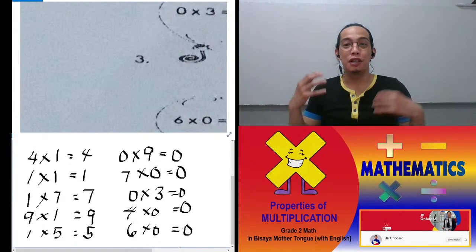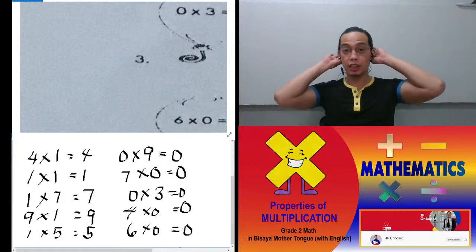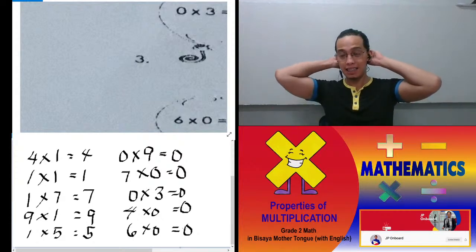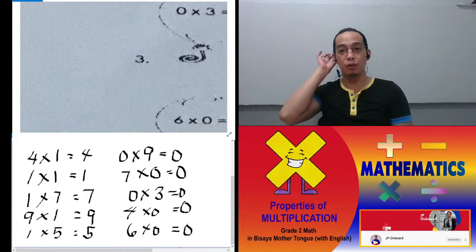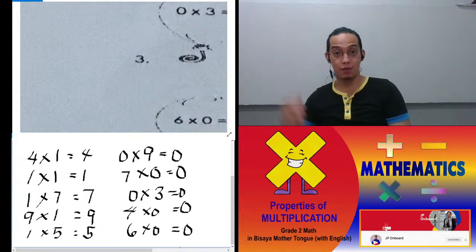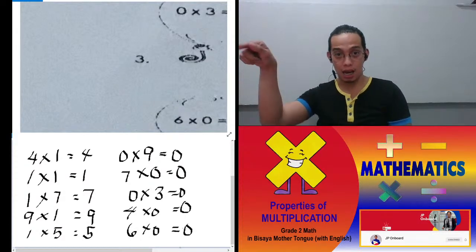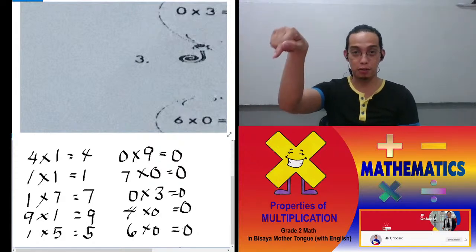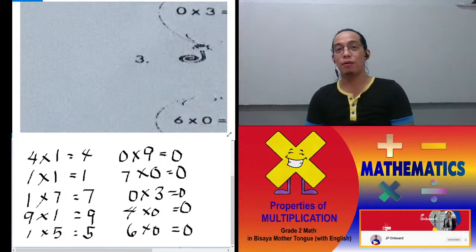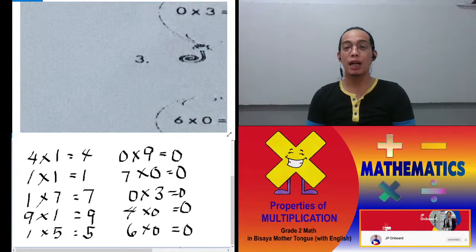So again, the zero property of multiplication tells us that any number multiplied by 0 is 0. You can see in our examples that any number multiplied by 0 is 0.